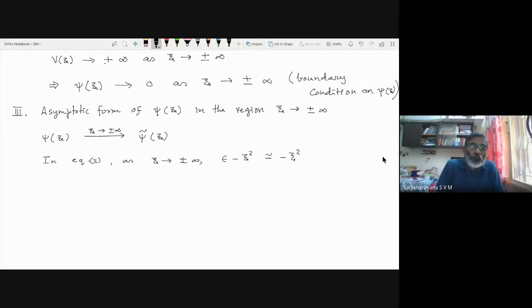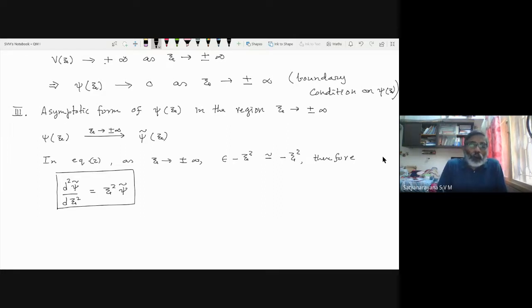Therefore the differential equation now will be d square psi tilde by d xi square is equal to xi square psi tilde. That is the differential equation that one has to solve.